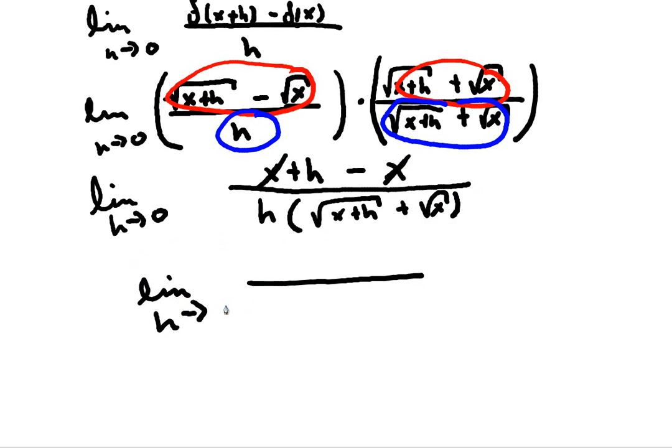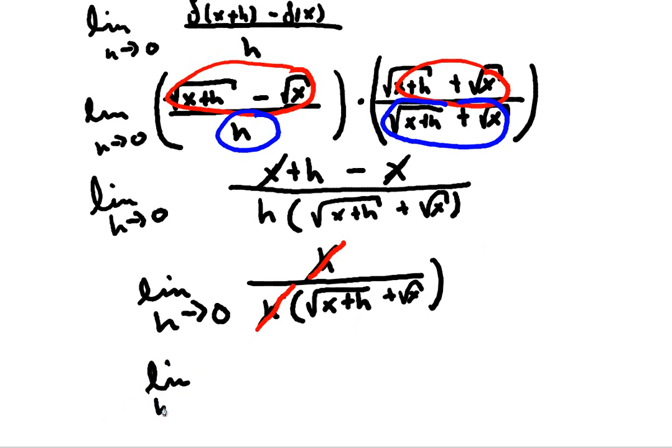In the denominator we get h times the square root of x plus h plus the square root of x. This cancels out, and then all I have to do now is take the limit as h approaches 0 of h over h times the square root of x plus h plus the square root of x. Now these h's cancel out.